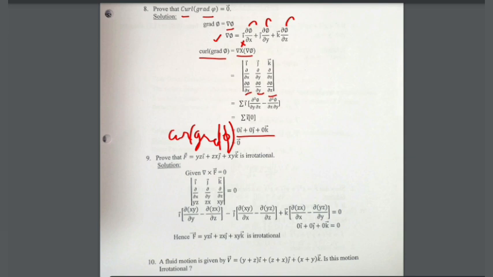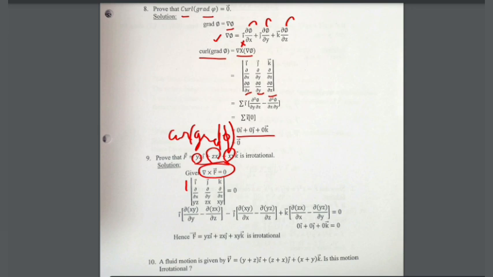Our next problem: prove that f vector equals yz i vector plus zx j vector plus xy k vector is irrotational. Irrotational means del cross f equals 0. So we know the formula for del cross f, that is i vector, j vector, k vector, dou by dou x, dou by dou y, dou by dou z, and the f1 value is yz, f2 value is zx and f3 value is xy.